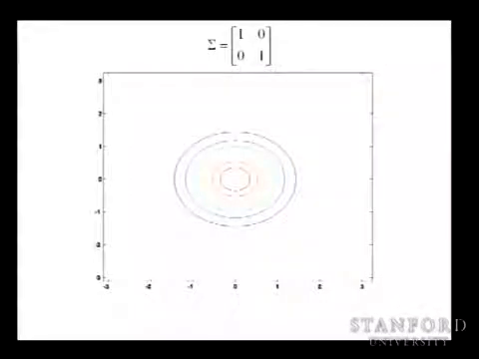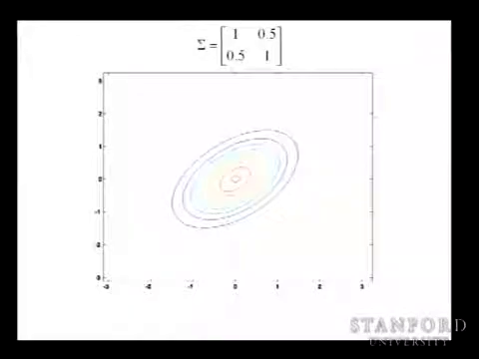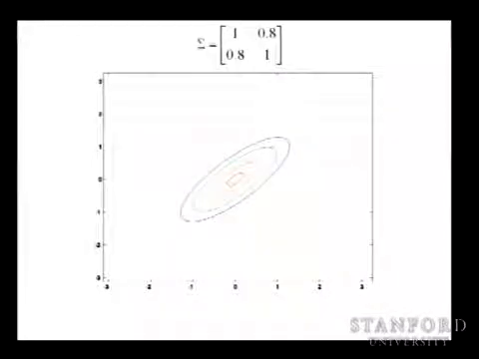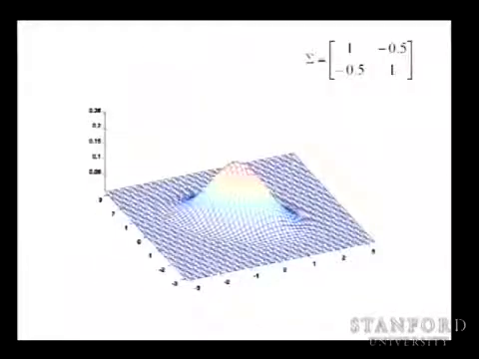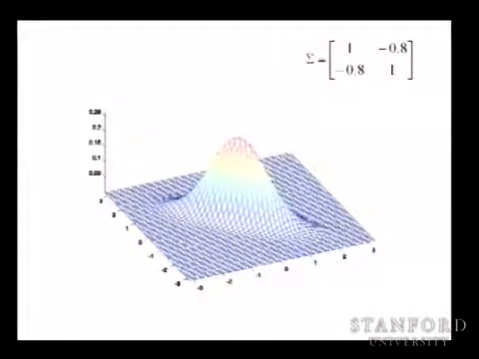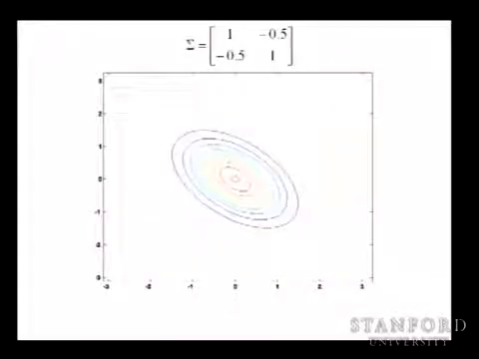Because of the aspect ratio, these look like ellipses, but they should actually be circles. If you increase the off-diagonals of the covariance matrix, then it becomes ellipses aligned along the 45-degree angle in this example. And here's an example of a Gaussian density with negative covariances, so now the correlation goes the other way, with even stronger negative covariance, and the same thing in contours.